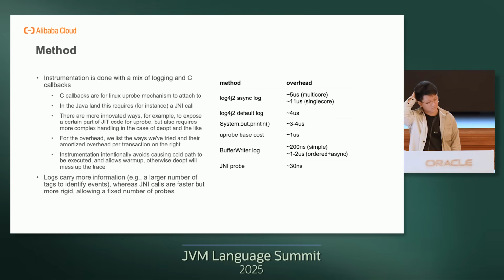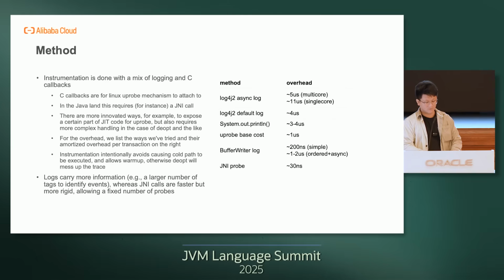And a little bit of introduction about the instrumentation method. Instrumentation is done with a mix of logging and C callbacks. You can do either logging or C callback. C callback is for the Linux uprobe mechanism to attach to. So you give it an address, then Linux uprobe can attach to the address, and if you execute that, an event will be logged.